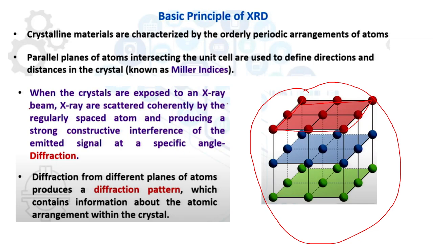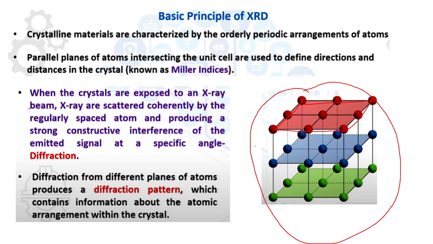Now, when the crystals are exposed to an X-ray beam, the X-rays are scattered coherently by the regularly spaced atoms, producing strong constructive interference of the emitted signal at a specific angle. Diffraction from different planes of atoms produces a diffraction pattern.